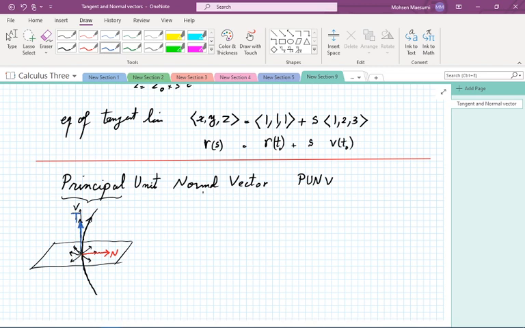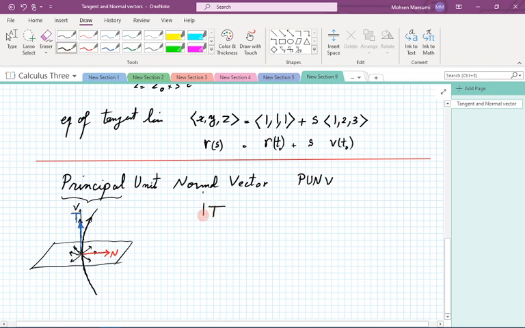How do we find these things? Well, notice something from the previous lecture. So we are trying to capture N. This T, you remember, we said is of length 1.